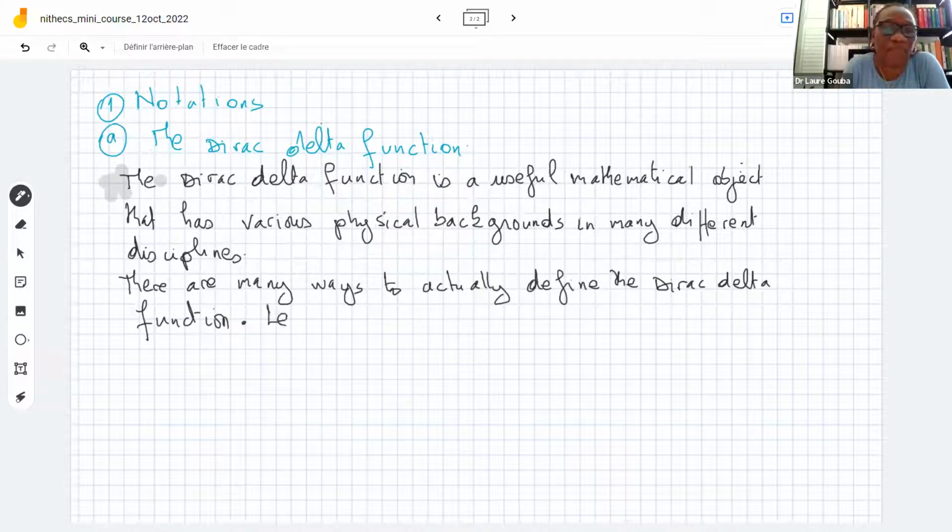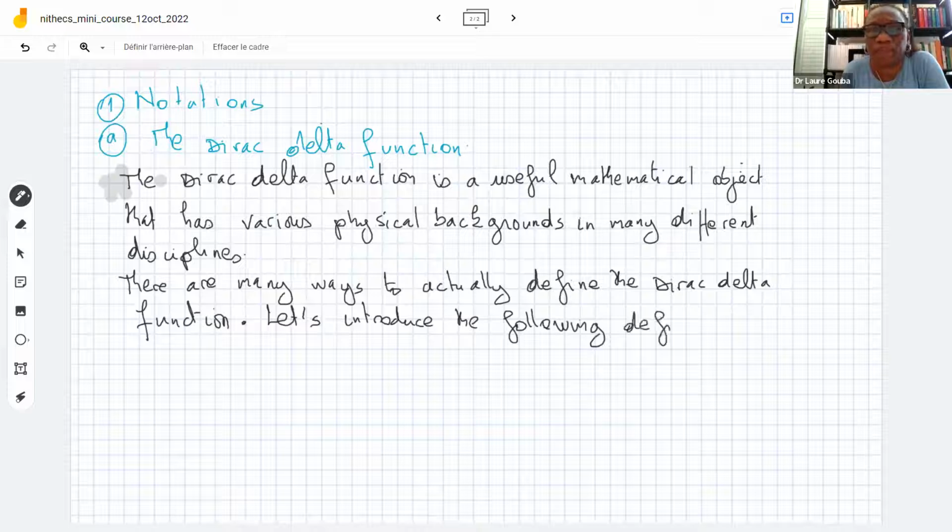Okay, let's introduce the following definition. We can give this definition that, of course, fits probably what we want to do.